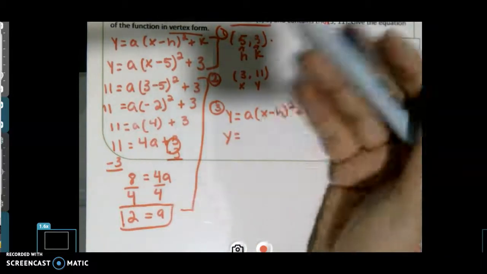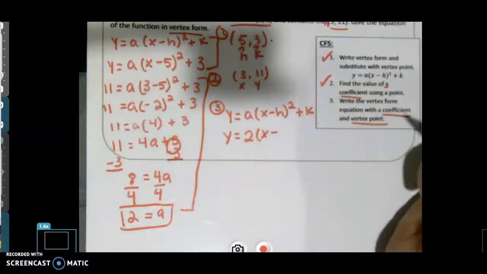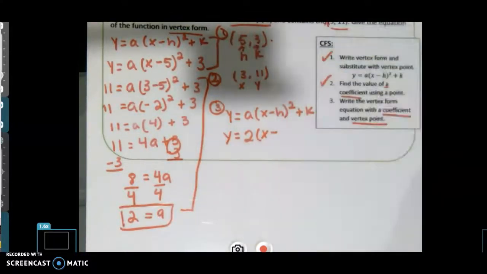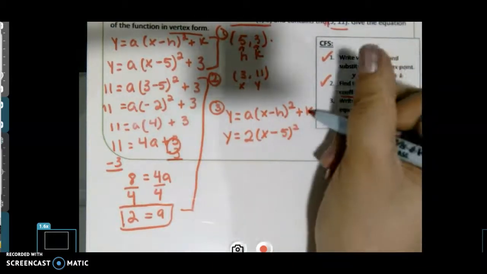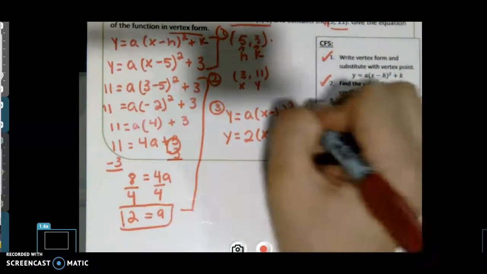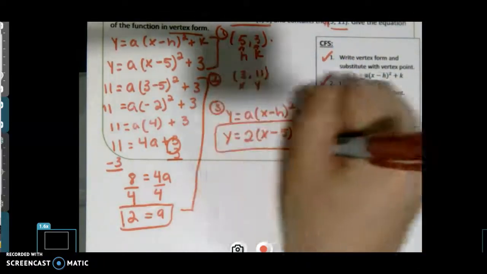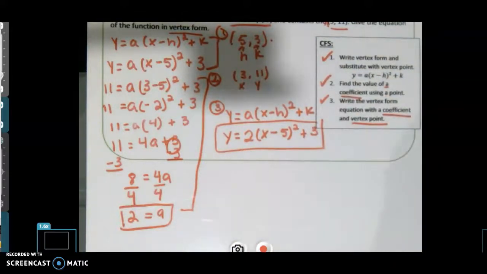It is 2 (x minus, now what's my h value? 5) squared plus, what's my k value? 3. All right. So now it is in vertex form. We are done with step 3. And that's all you have to do for right now. Okay, guys? So I want you to try and practice a couple of problems. All right.